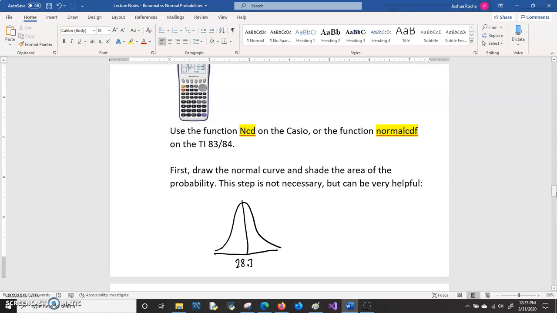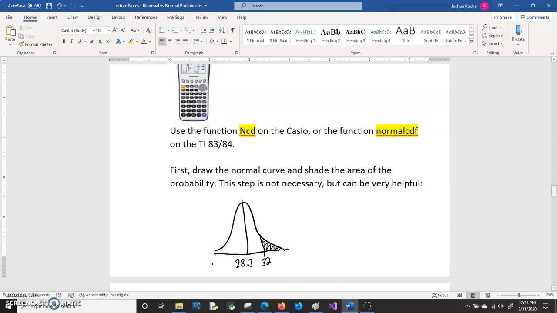Remember that on this side of the curve is lower numbers, and on this side it's the larger numbers. So 32 would be somewhere above 28. It's maybe around here. I'll just put it here. So 32. And the probability we're looking for is the probability that the weight would be more than 32 ounces.